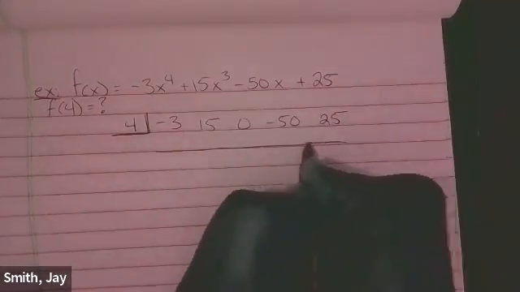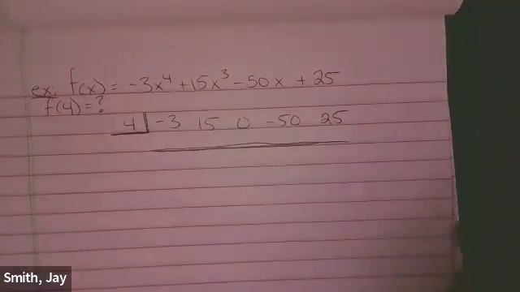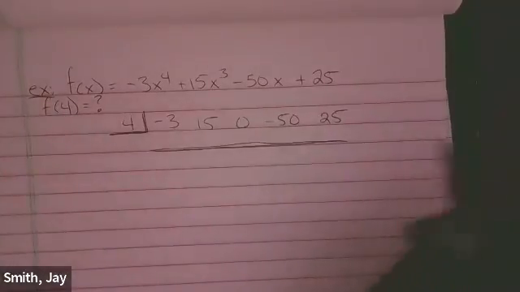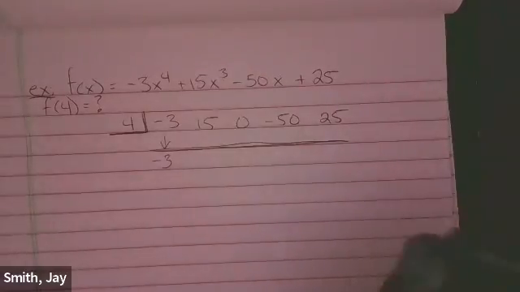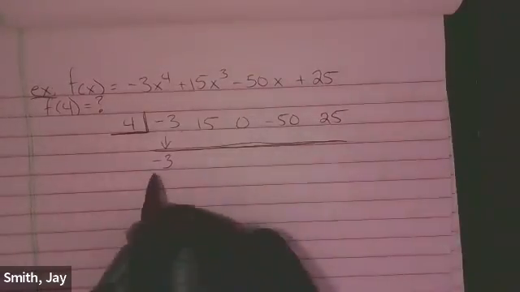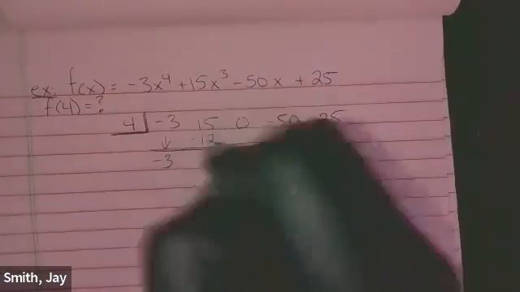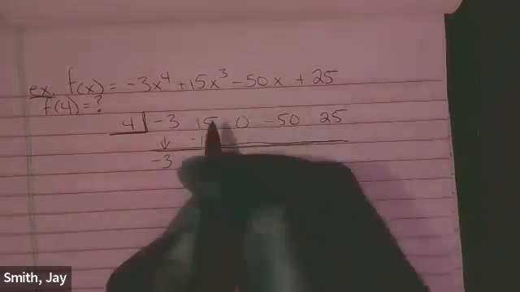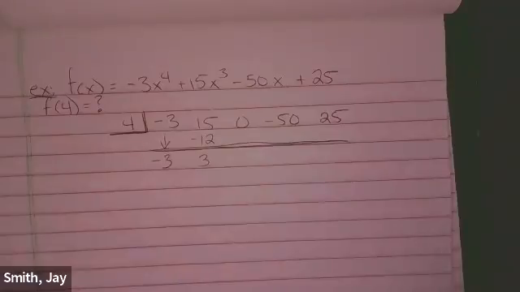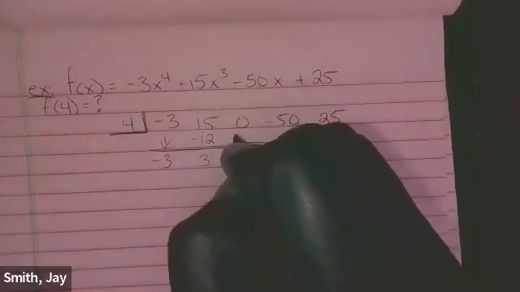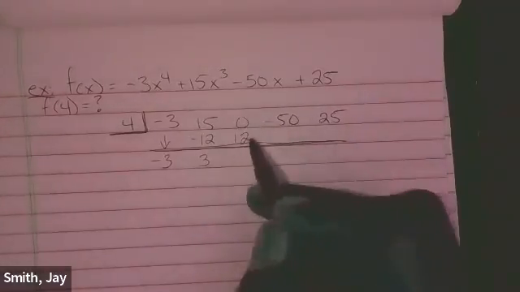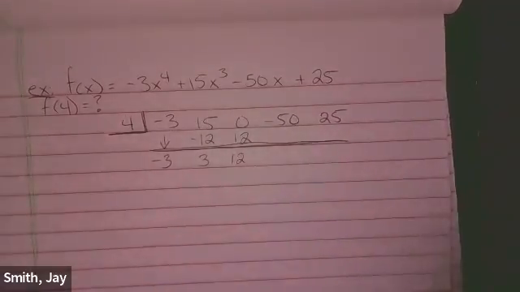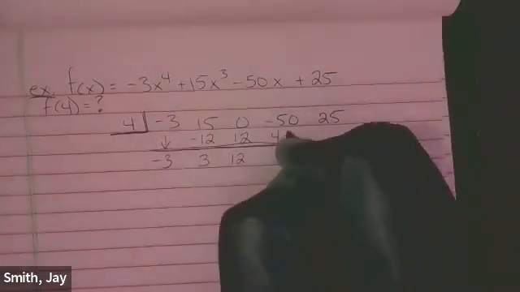Now we do want to remember that with the remainder theorem, once we do our synthetic division, whatever the remainder is, is the value of f of 4, which is exactly what we're asked to find. So we're going to set it up, bringing down our first value. Our -3 plus 0 is -3. -3 times +4 gives me -12. +15 plus a -12 leaves me with a positive 3. 3 times 4 gives me a positive 12. 0 plus 12 gives me 12. 12 times 4 gives me 48.